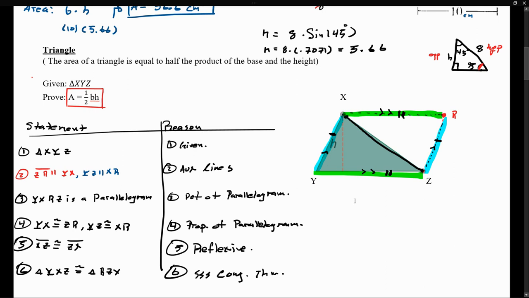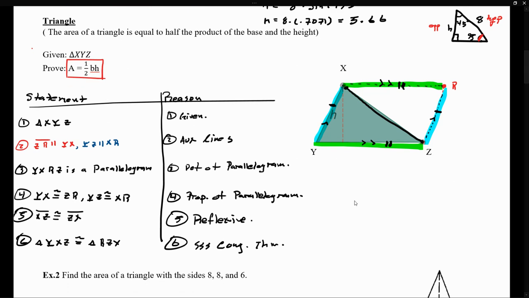And now we're pretty much done, because now let's just finish up our proof here on the side. So here's my statement, and here's my reason.